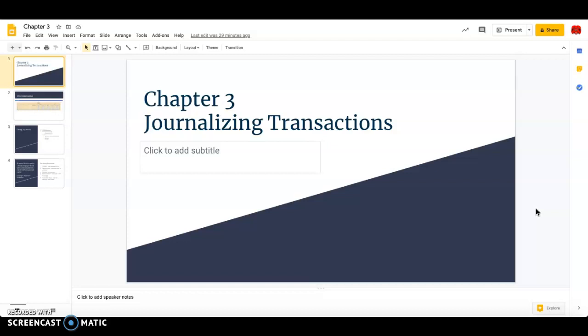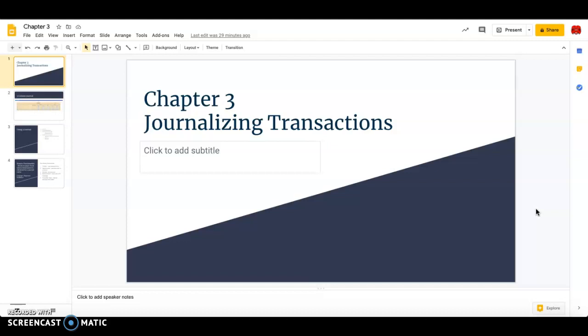Chapter 1 and Chapter 2 introduced us to some accounting basics, the accounting equation, assets, liabilities, owner's equity. We've been introduced to debits and credits and the different accounts we're going to be using. So chapters 1 and 2 were just getting us ready. Now we're actually going to start doing accounting.